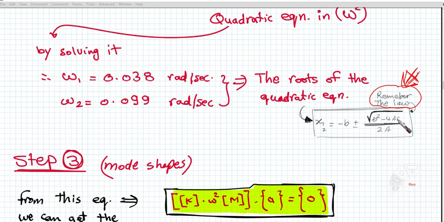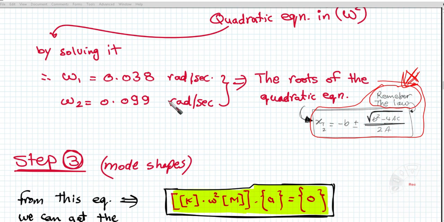And of course you know what a, b, and c are. They are related to the coefficient of omega to the power 4, the coefficient of omega squared, and the absolute term. I think you are familiar with this better than me and you understand it very well.